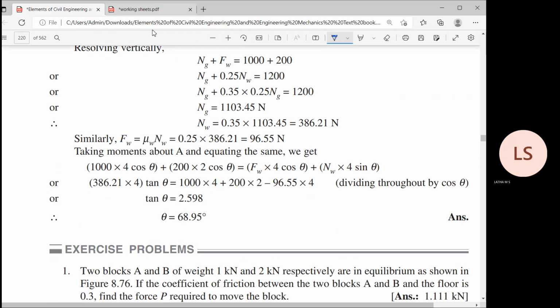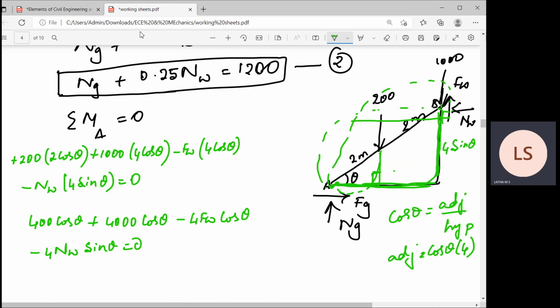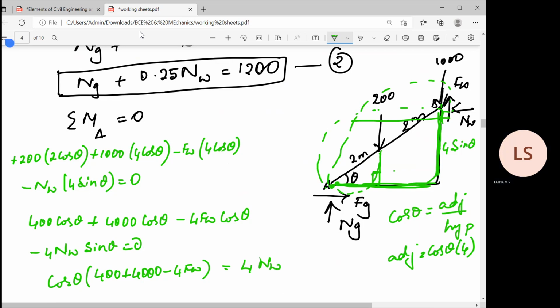Fine. So now upon substituting, I can take cos theta common. 400 plus 4000 minus 4 Fw, and take this on the other side, 4 Nw sin theta.